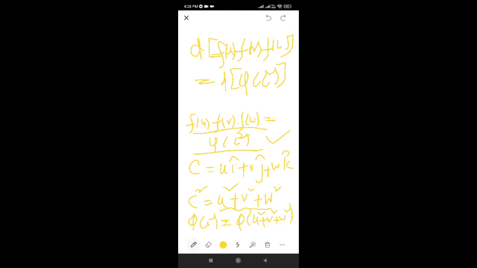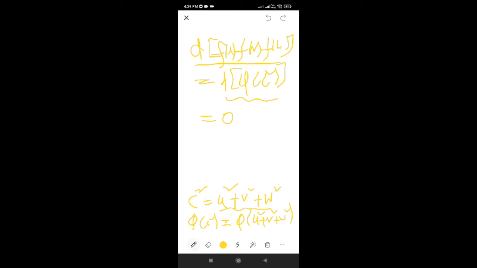Now, the right side should be 0, the differentiation of a scalar function. Why? Because c square is equal to u square plus v square plus w square, all constant numbers. On the LHS you have the differentiation of f(u) f(v) f(w). How to differentiate this product of u, v, w functions?